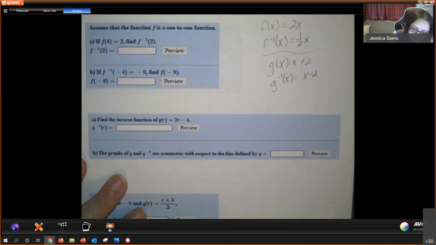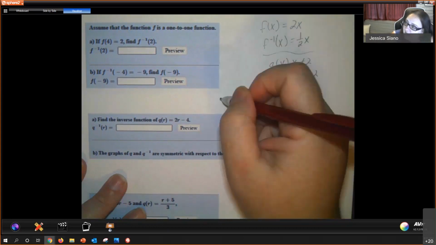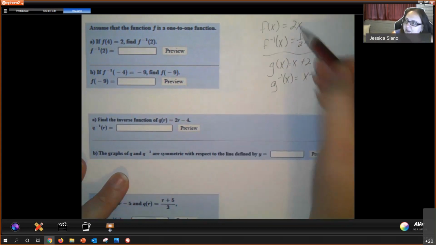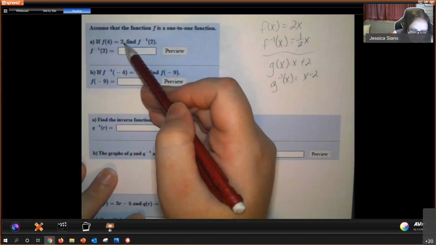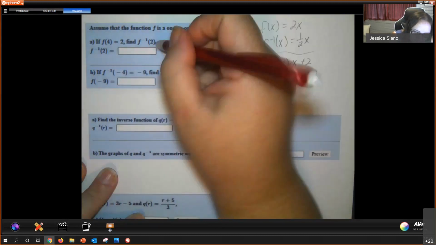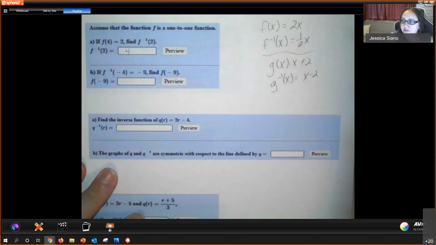So if I have a point on f of x, x y, then I have a point on its inverse, y x. So if I know that 4, 2 is on f, then I know that 2, 4 is on its inverse.